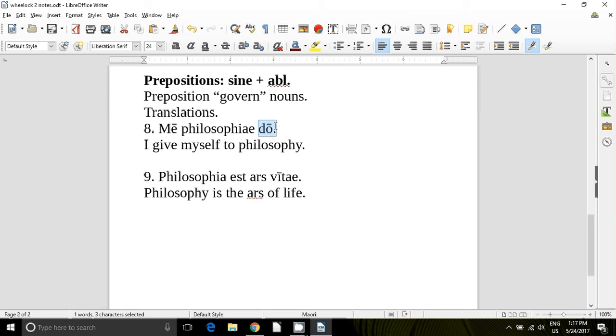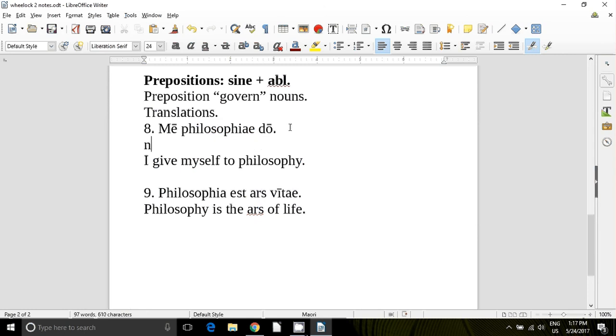So do means I give, and then me is in the accusative, so I give myself. And philosophia, that could be confusing. That could be nominative plural, could be genitive singular, or it could be dative singular. How do you decide? Well, you try each one of them. It can't be nominative plural because nominative goes with the verb.